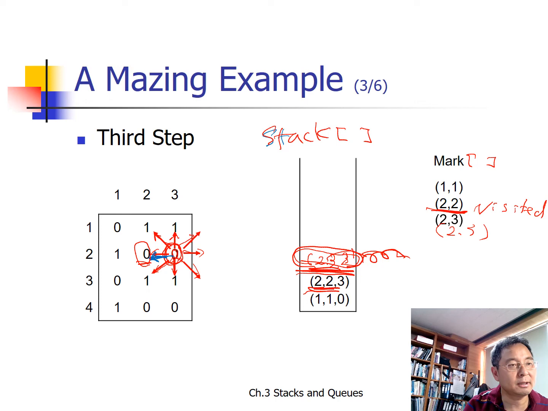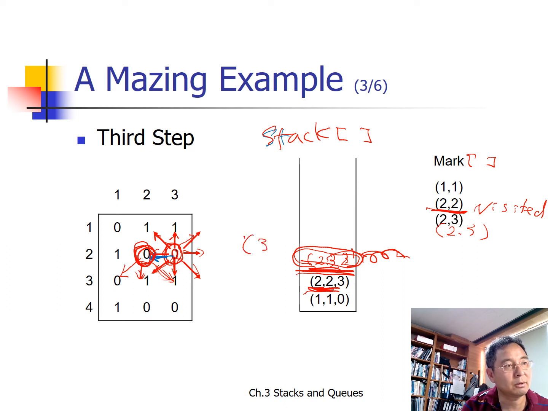If we pop the 2, 3, that means we are in 2, 2 now. And we will search possible directions again. Okay, no, no, and this one is possible.